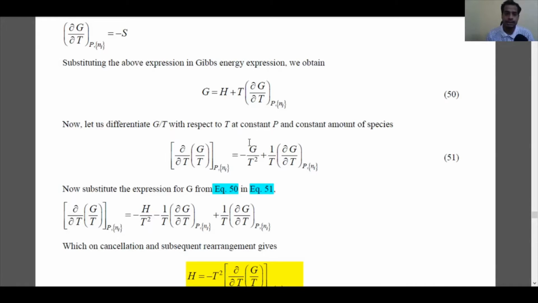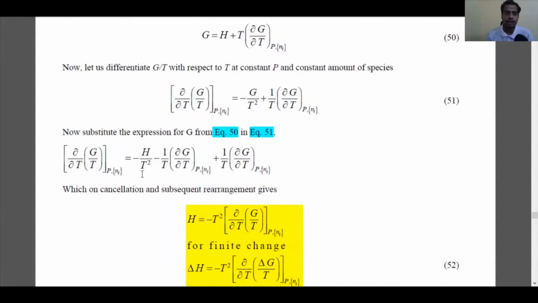So here in this G I will substitute this expression. What will I get if I do that? The left hand side of the equation remains the same. Then first, enthalpy, so this will be negative of enthalpy by T square. Then the second term of the Gibbs energy expression will be negative 1 by T. This T and T square, one T cancels out, so 1 by T partial Gibbs energy over temperature at constant pressure and number of moles, and the second term remains the same.